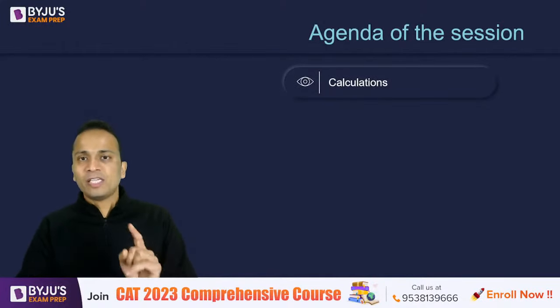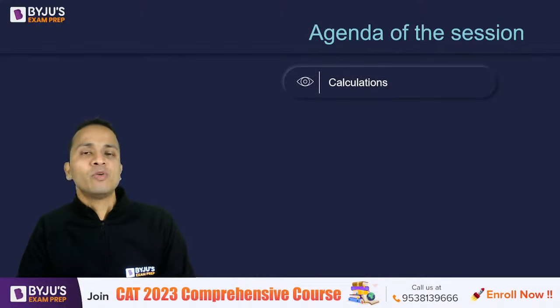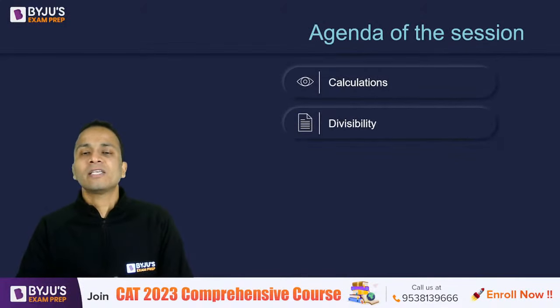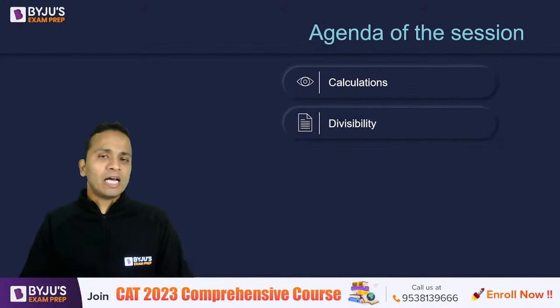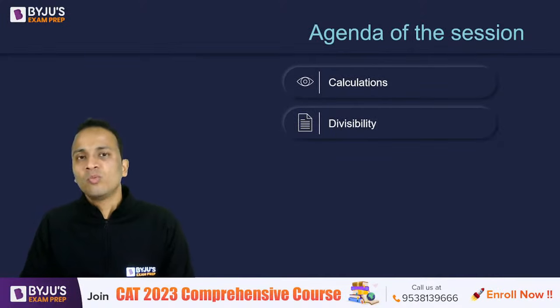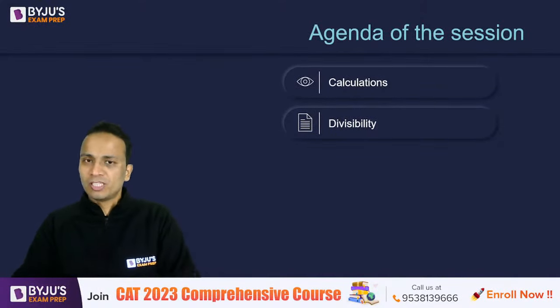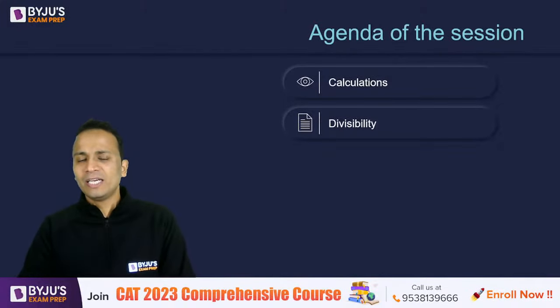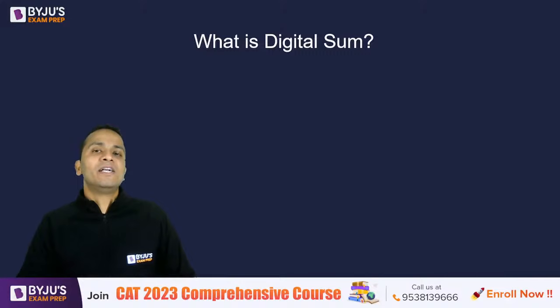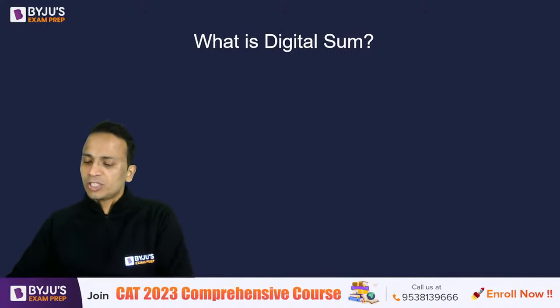So the first application will be in speeding up your calculation, and the second is the divisibility rule. There are a few divisibility rules in which this digital sum will be applicable. This is the entire agenda for today's session, and now let us have a look at what a digital sum is.